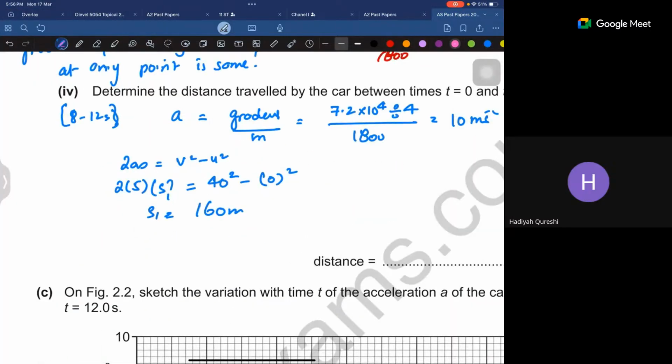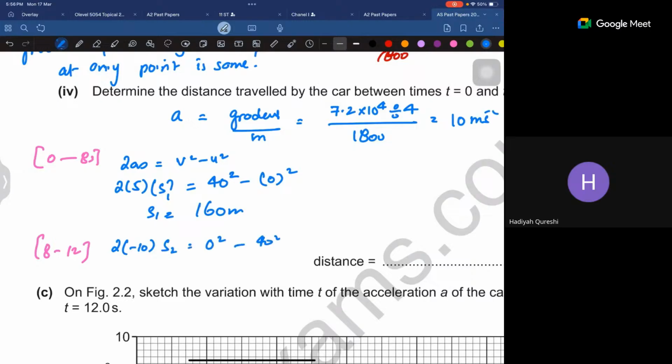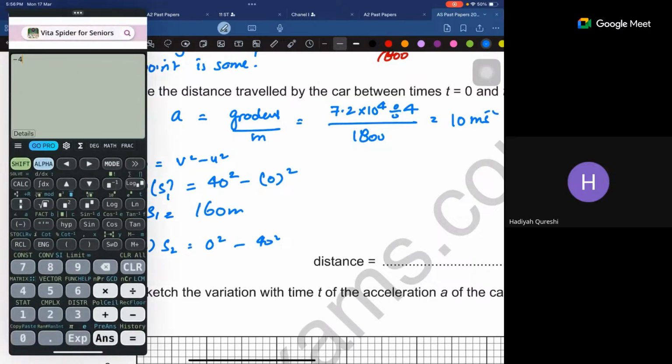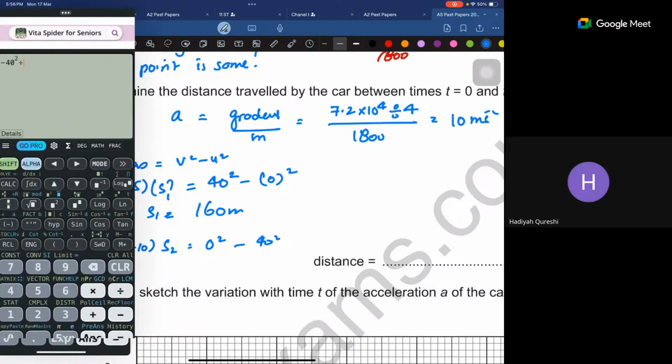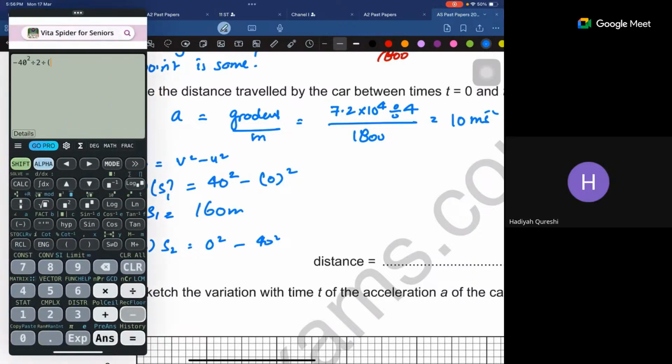Now finding the other part, right? So this was for 0 to 8, and now I'm going to find from 8 to 12. For this one, you just need to use the same equation. The acceleration was basically negative 10 because it was the other gradient. S2 is 0 squared minus 40 squared, divided by 2 and divided by minus 10.